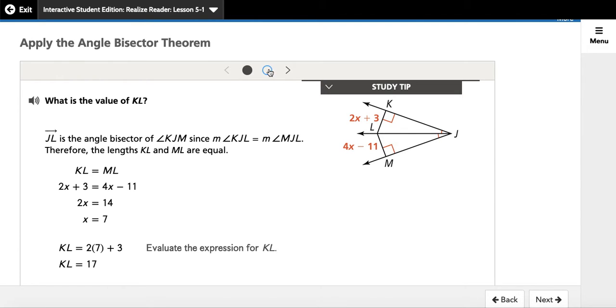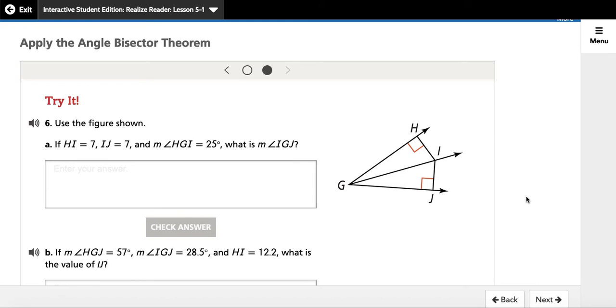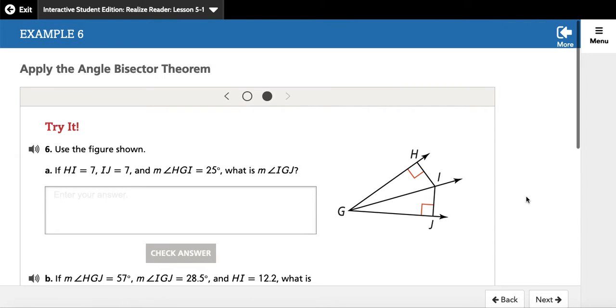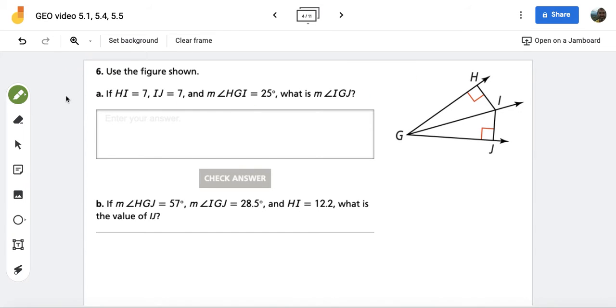Let's try one on our own. And there's actually two. One at a time, I guess. Click pause, give this a shot, come on back. Okay. I have it redone here. If HI is 7 and IJ is 7, so they're both 7, if they're both the same length and they're perpendicular, I know the angles are going to be the same, right?